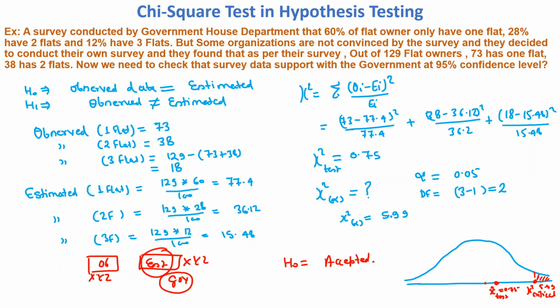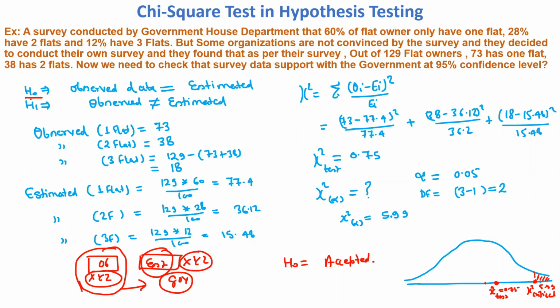They also collected the same variables' data. The government department also collected the same variables' data, but the values inside those categorical variables could be the same or different. So we need to verify how closely my observation matches the estimation.